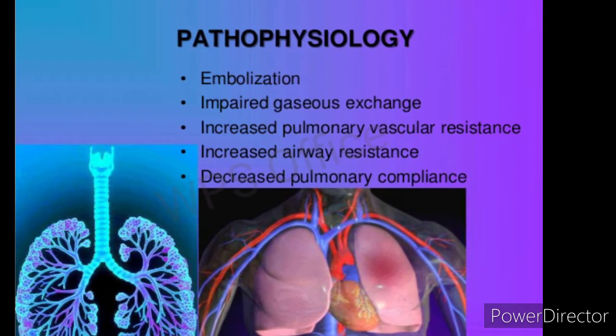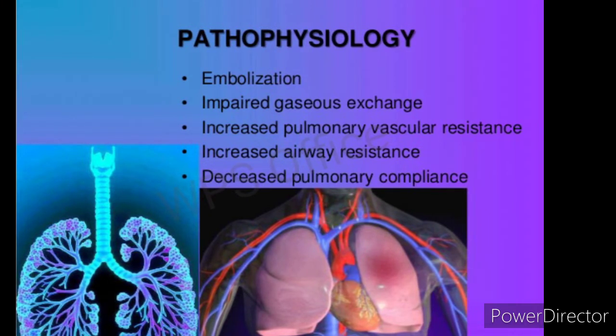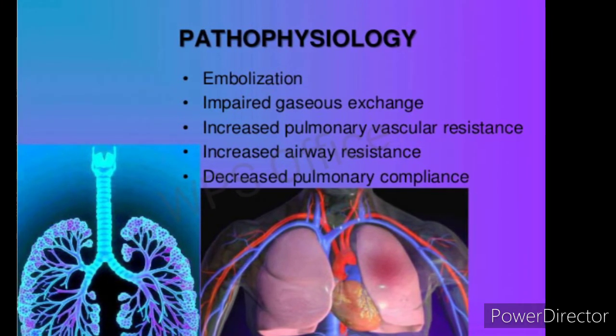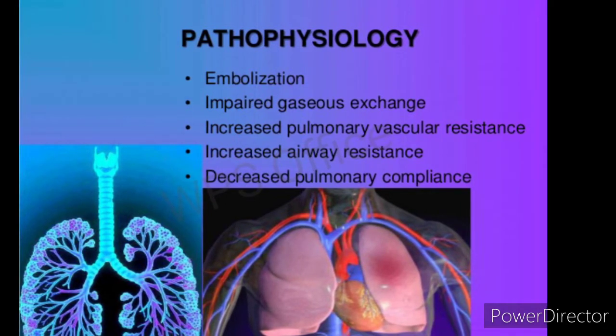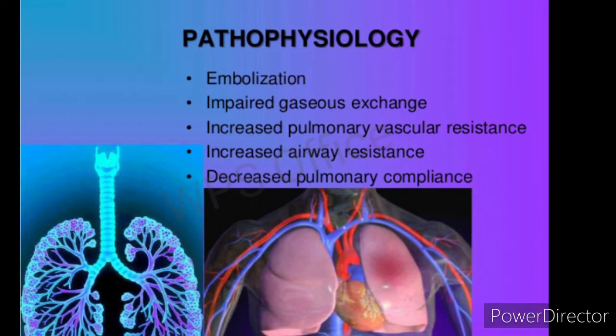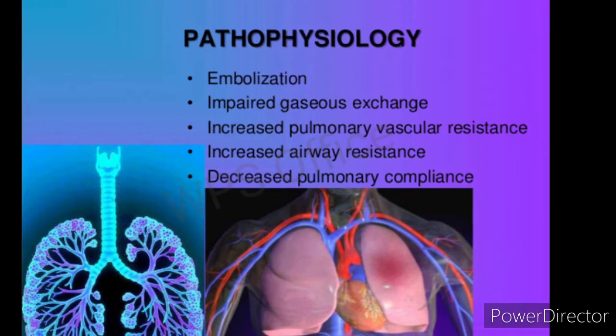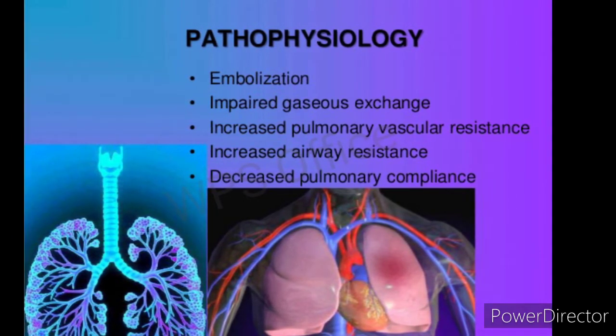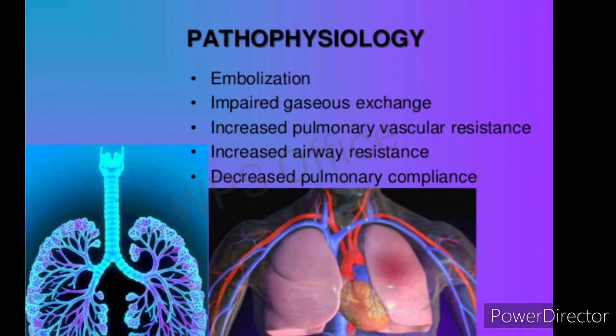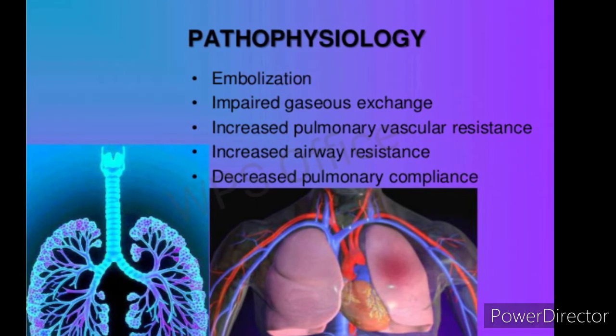Then impaired gas exchange will be there. We all know that gas exchange between the heart and the lungs takes place where the release of carbon dioxide and taking in of oxygen occurs.